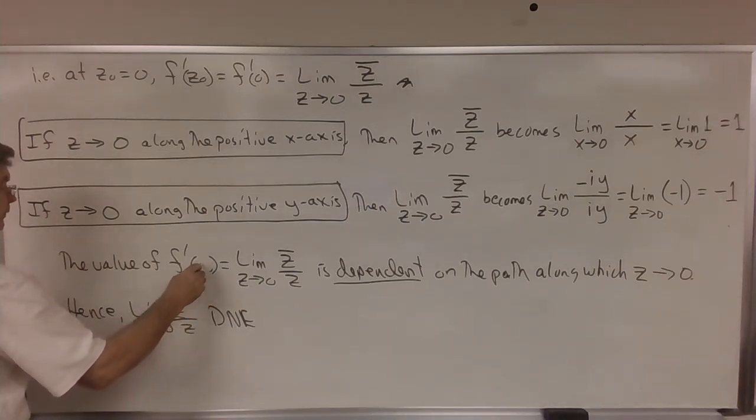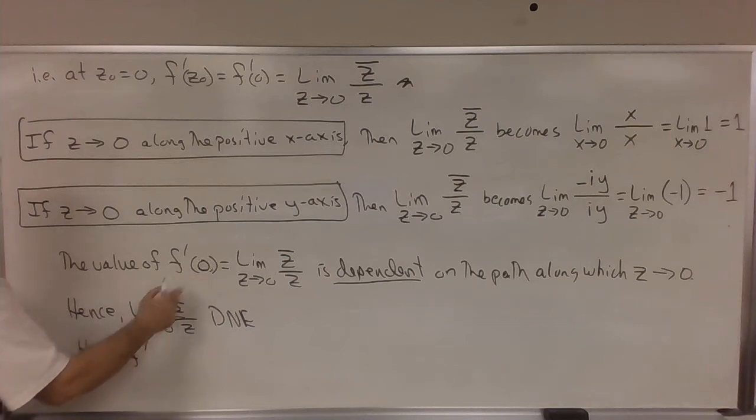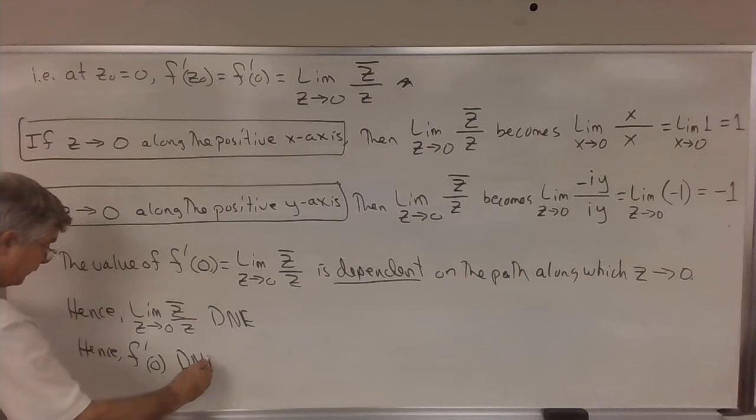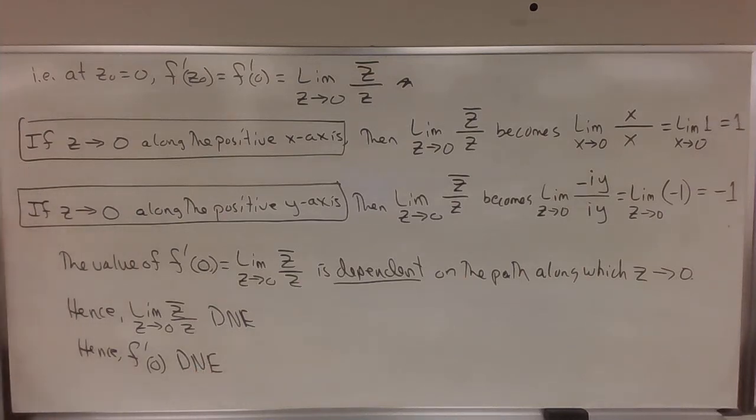And maybe I should just write what that is. Derivative of f evaluated at 0. So the derivative itself doesn't exist.